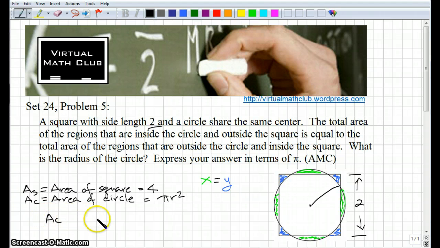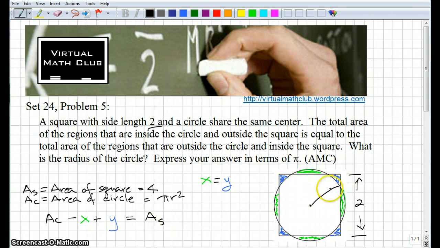Area of the circle, subtract the green parts, which we called x, and then add in the blue parts, that's y, and then we would have the area of the square.